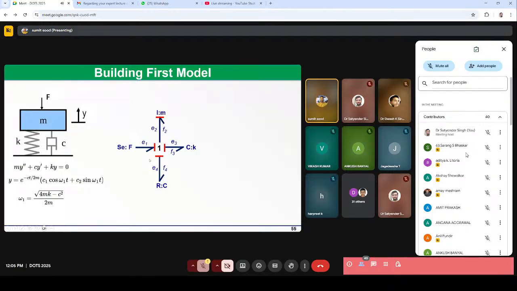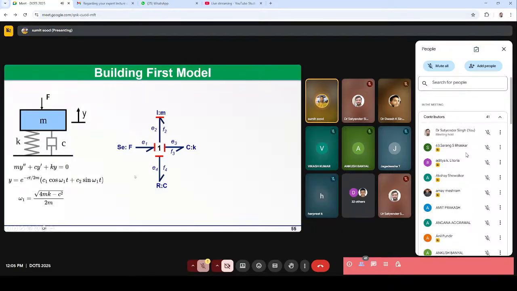In this case, sorry, this is not a source of flow but a source of effort. So we have to have this causality stroke here. For I, this is the preferred causality. For C, this is the preferred causality. And for R, we can put the causality either on the bottom or on the top. But because there is a one junction here and we have already identified the strong bond, the junction's causality stroke has to be here.